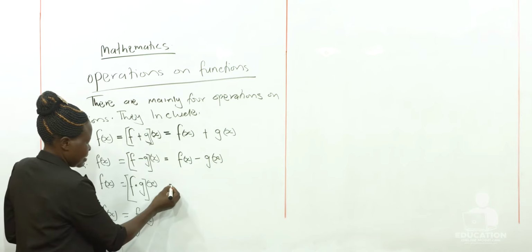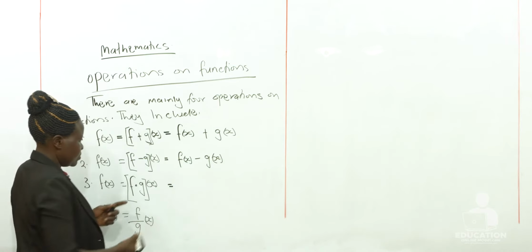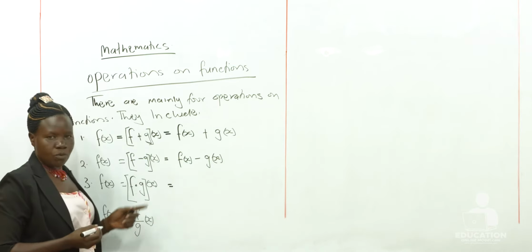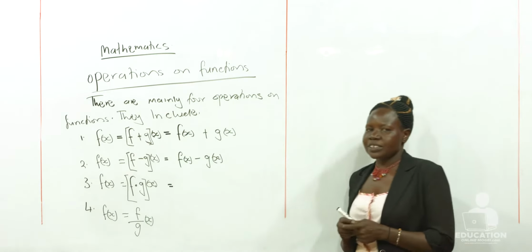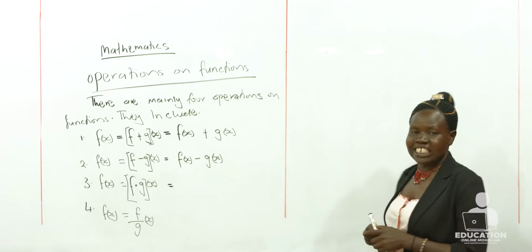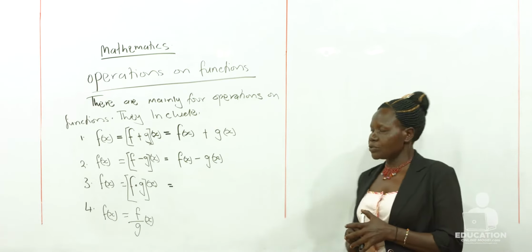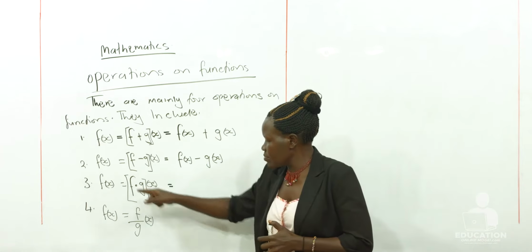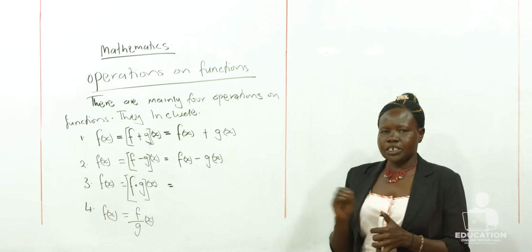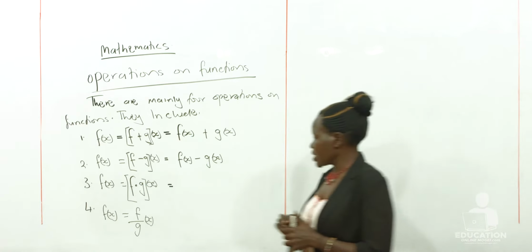In your exams or in your papers, they will always say f then a small circle. That small dot between them means it is a multiplication operation, the same as f times g.